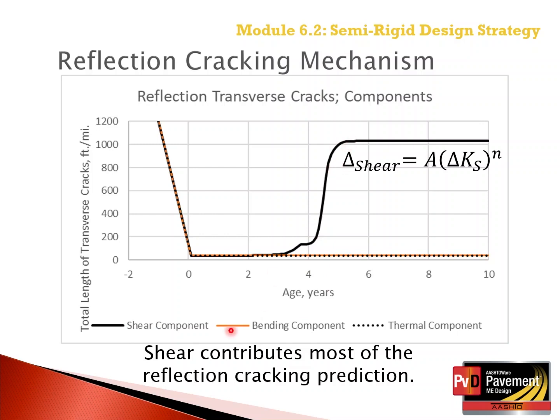The black line shows the shear component. Again, the orange line shows the bending component, and the short dashed line considers the thermal component. For both fatigue reflection cracks and reflection of shrinkage cracks in the chemically stabilized layer, the shear mode contributes most of the reflection cracking prediction of these cracks through the asphalt overlay itself.